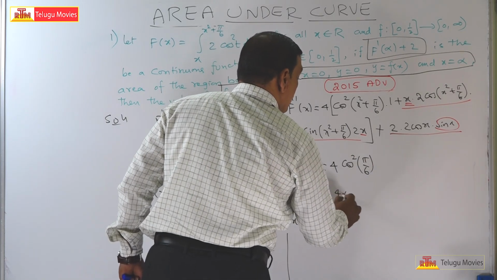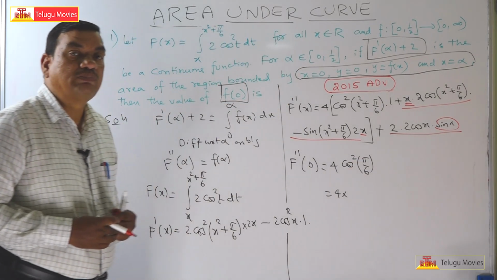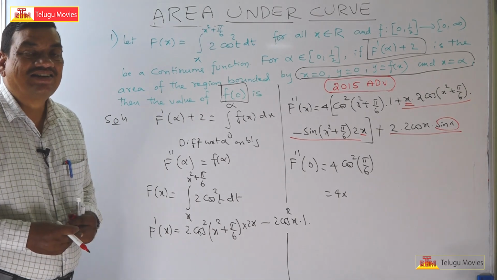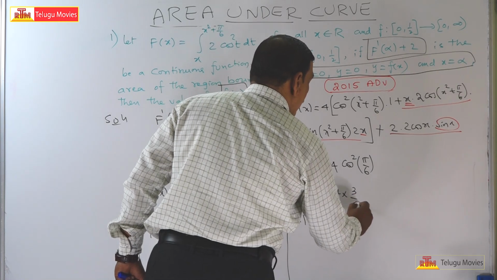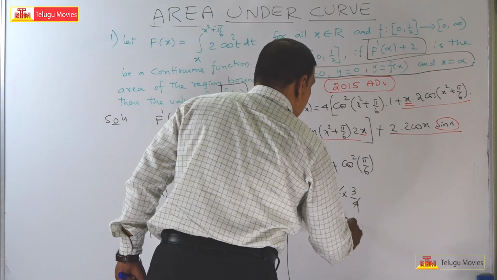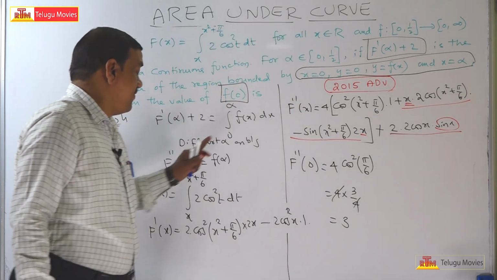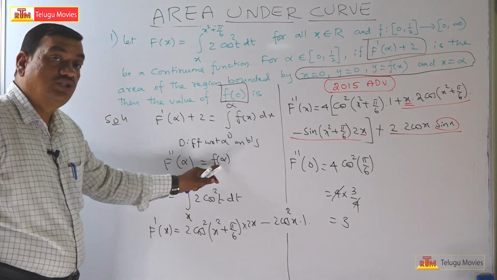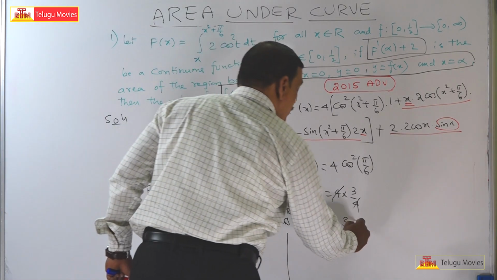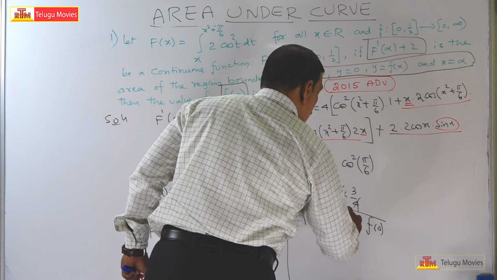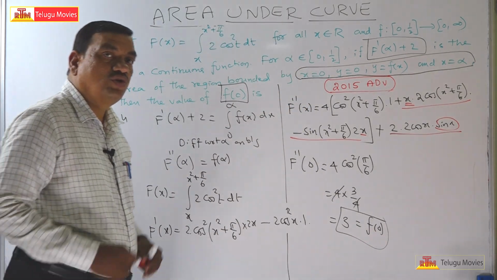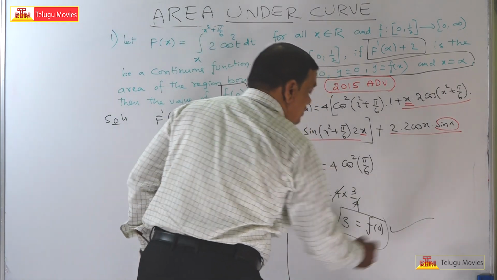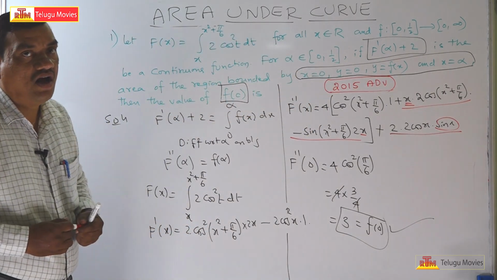That is 4 into cos pi by 6. Cos pi by 6 means cos 30, which is root 3 by 2. So this is 4 into 3 by 4, the 4 will get cancelled, giving 3. So F double dash of 0 is equal to f of 0. What is your f of 0 value? It is 3. So 3 is your final answer.